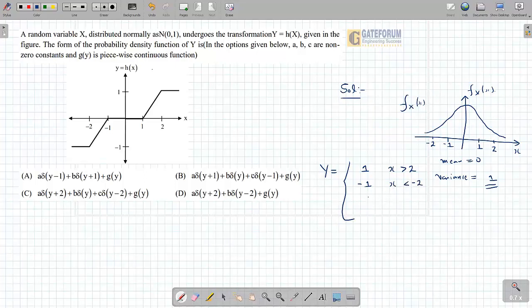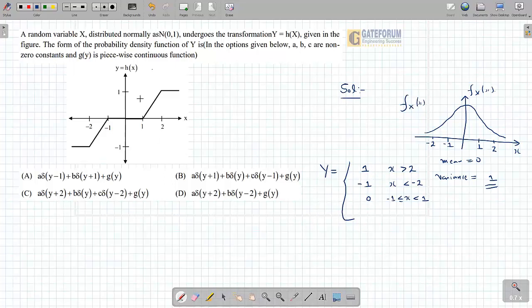Similarly, y is equal to 0 when x lies between minus 1 and plus 1, the equality sign we need not worry much about. So y has three discrete values: 1, minus 1 and 0. You can see from the graph these three discrete values.